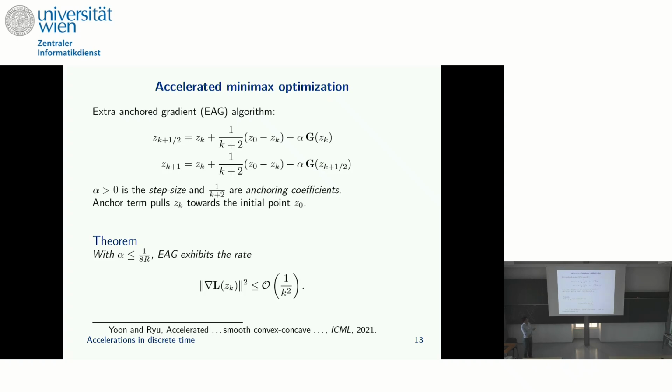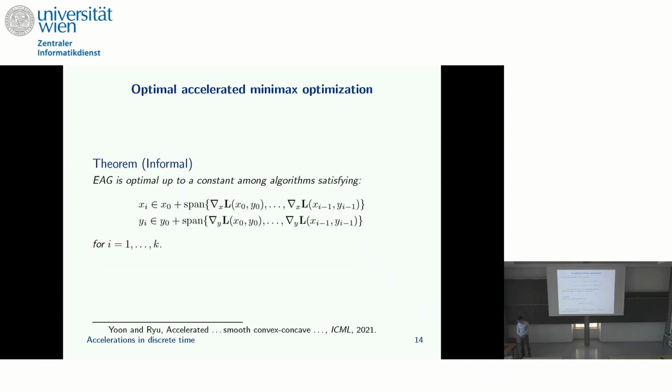At this point, we evaluate the saddle operator again, and then we return back to zk. And then here we move in the negative saddle operator direction, evaluated at zk plus 1/2, and then we apply the anchor. That gets us to zk plus 1. So this algorithm, EAG, achieves a 1/k² rate, and it's accelerated. And there's a matching complexity lower bound, so it's optimal.